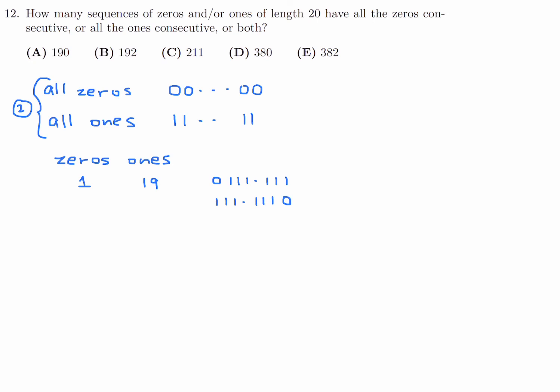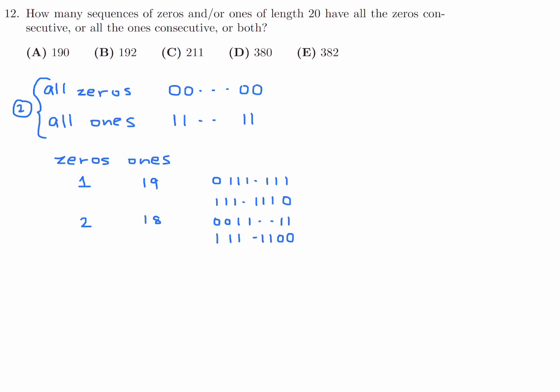So for each of these, as you can see, there's 2. Very similarly, if I have 2 zeros and 18 ones, and I put them just in the ends, it would be 0 0 followed by a whole bunch of ones. And again, 0 0 on the other side, followed by a whole bunch of ones, like that.